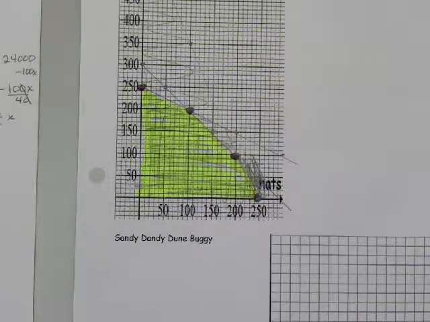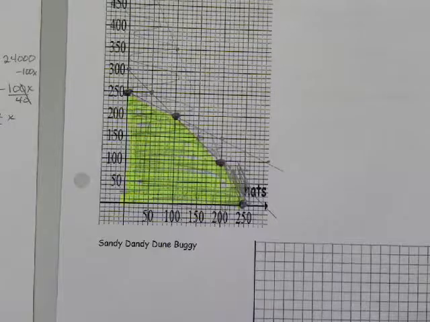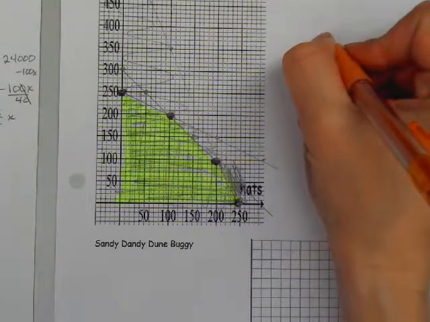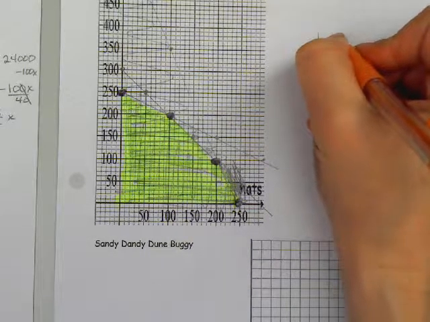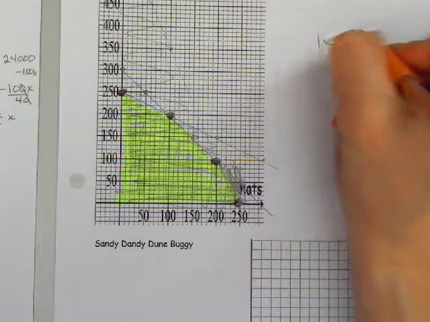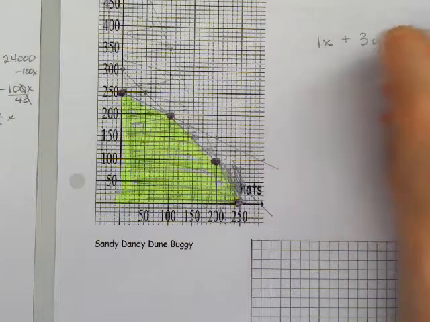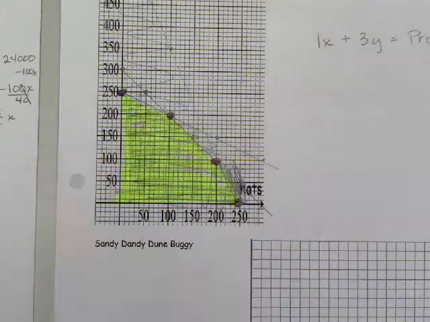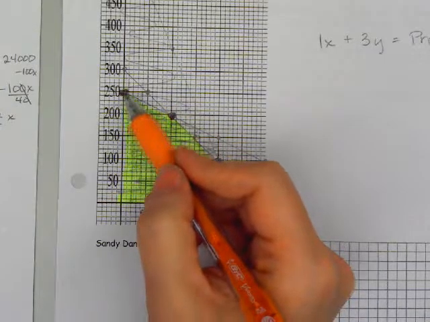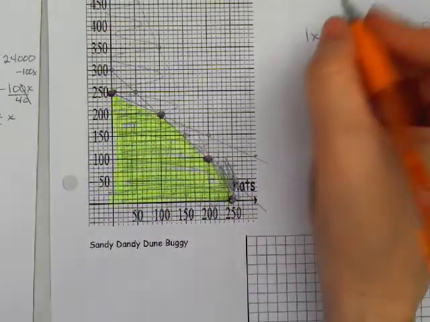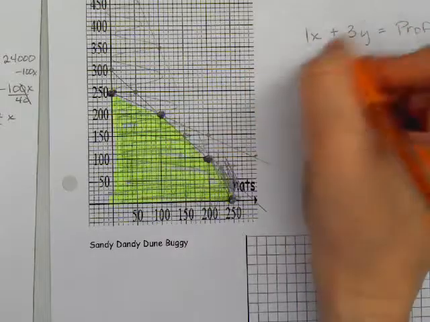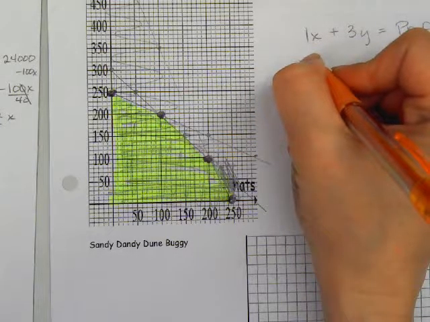So 1 times the 200 hats plus 3 times the 100 shirts. 200 plus 300 is going to give me 500. And then my final option is the 250 hats and no shirts, which, as you could probably guess, is not going to be our best option. That's going to be 3 times 0, so that's only going to be 250.